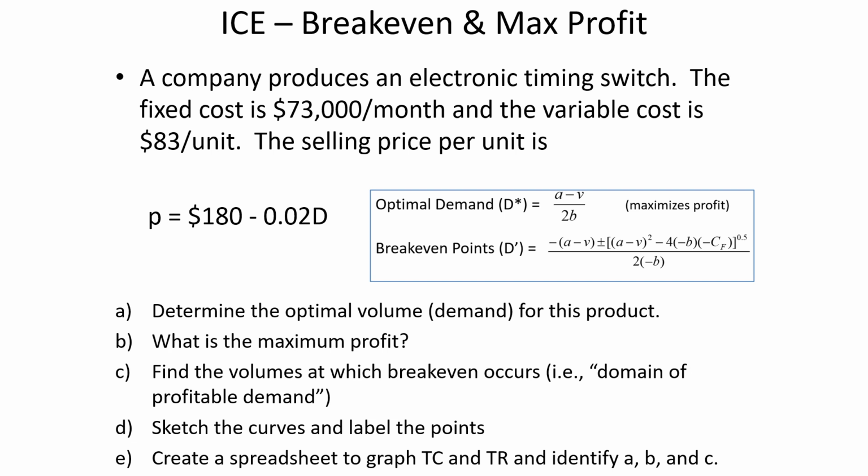And then the variable cost per unit, that is the C sub V, we use the lowercase v, is $83 per unit. Okay, so let me pause from talking, give you some time to think and calculate. And remember my suggestion that when it comes to calculating the break-even points, don't try to do it all at once in your calculator. Spread it out on your page.